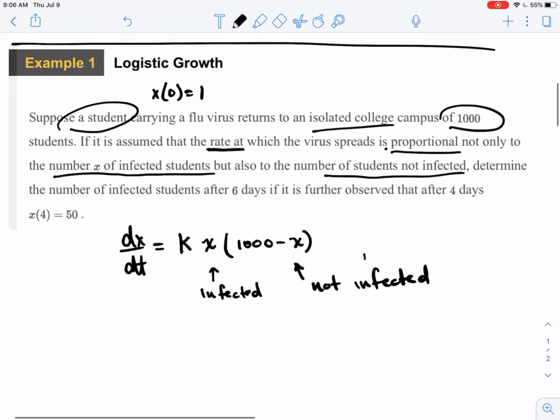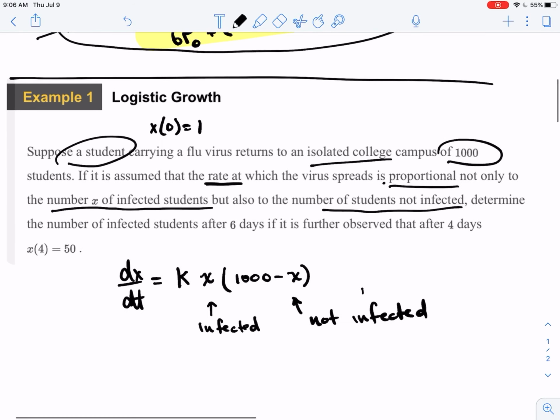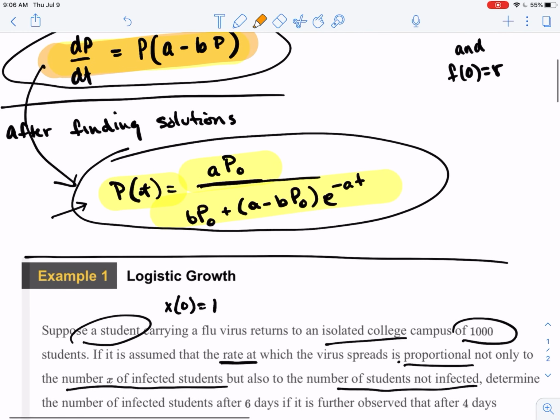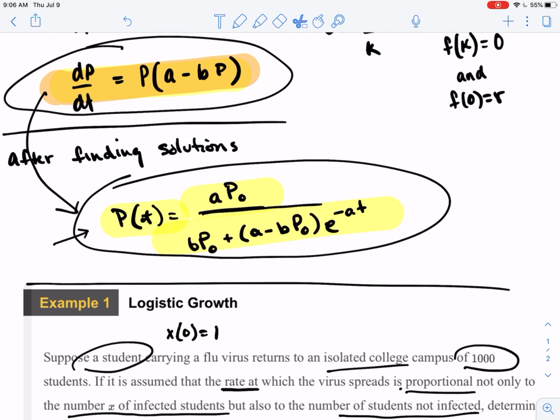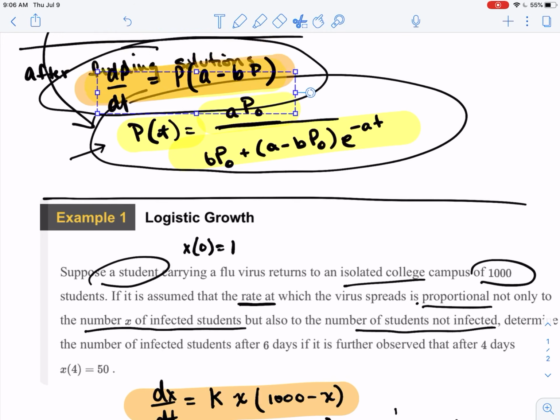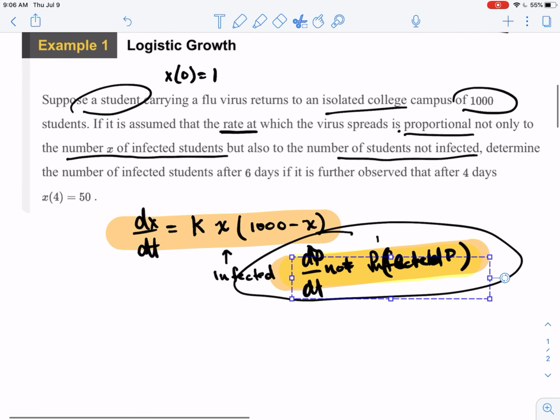Okay. Now what I want to compare is this equation with this equation up top, because I want to figure out what my A and B are going to be. So let's put them side by side. Bring it down.